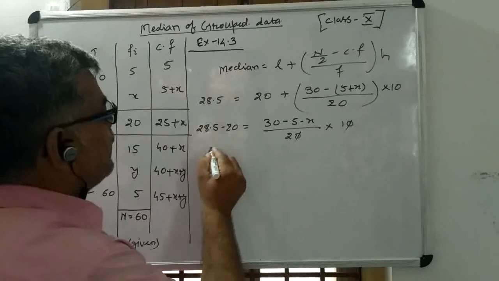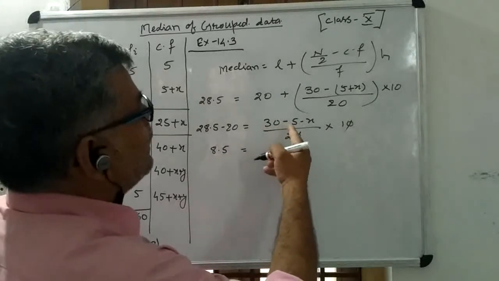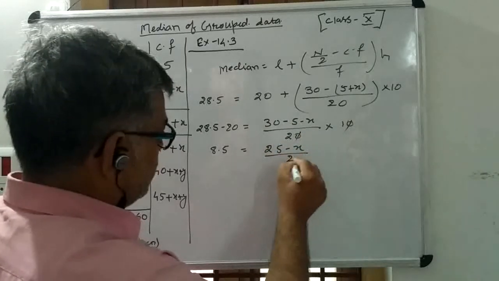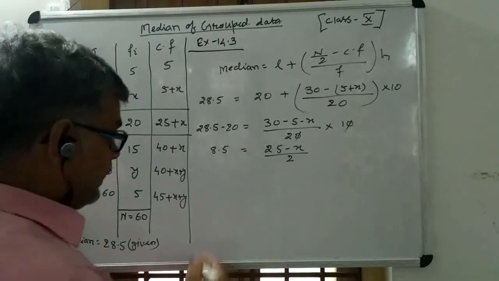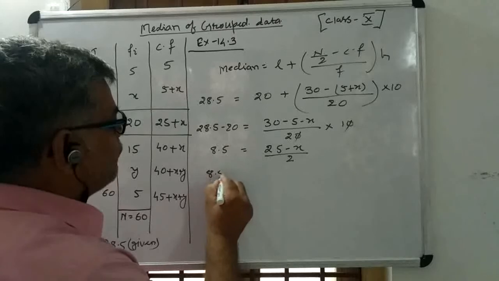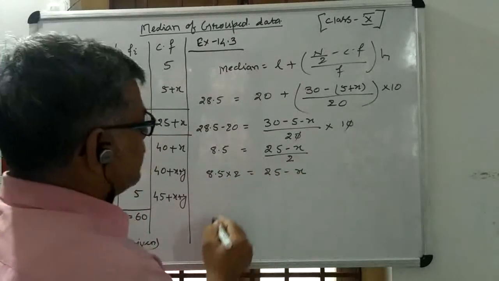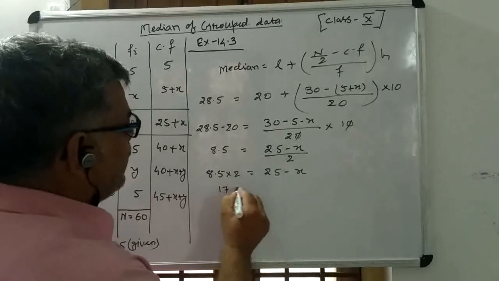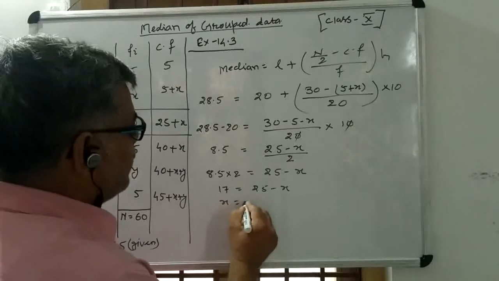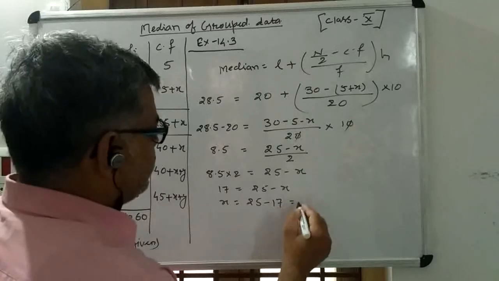After subtraction we get 8.5, and on the right we have 25 minus x by 2. Now do cross multiplication. So 8.5 into 2 equals 25 minus x. So 17 equals 25 minus x, and x will be 25 minus 17, that is 8.